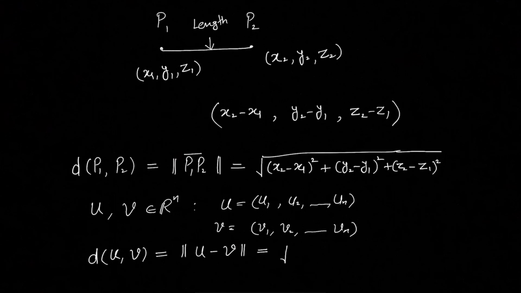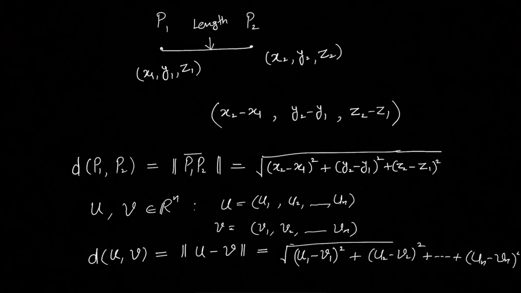It is the square root of u1 minus v1 squared, u2 minus v2 squared, and un minus vn squared. Either you find the norm of u minus v or v minus u, it comes out the same.